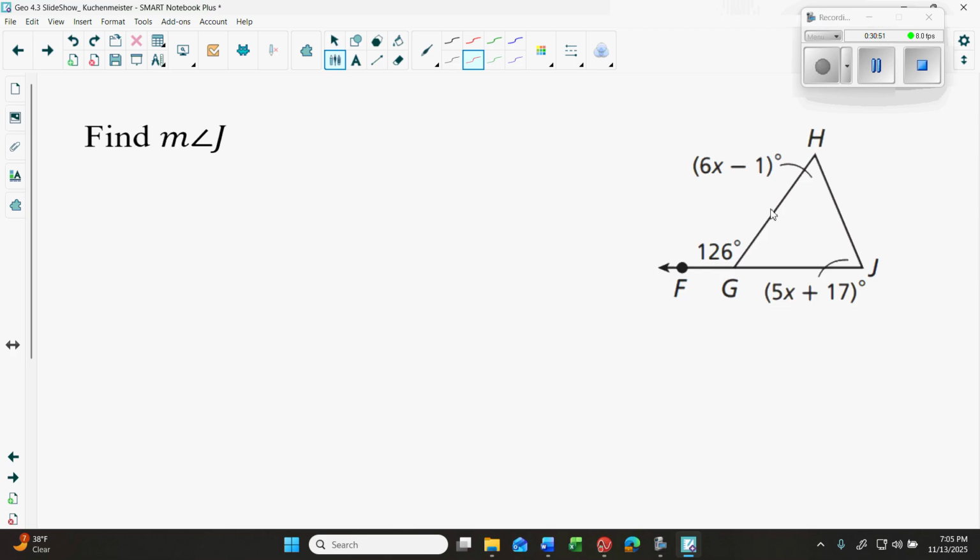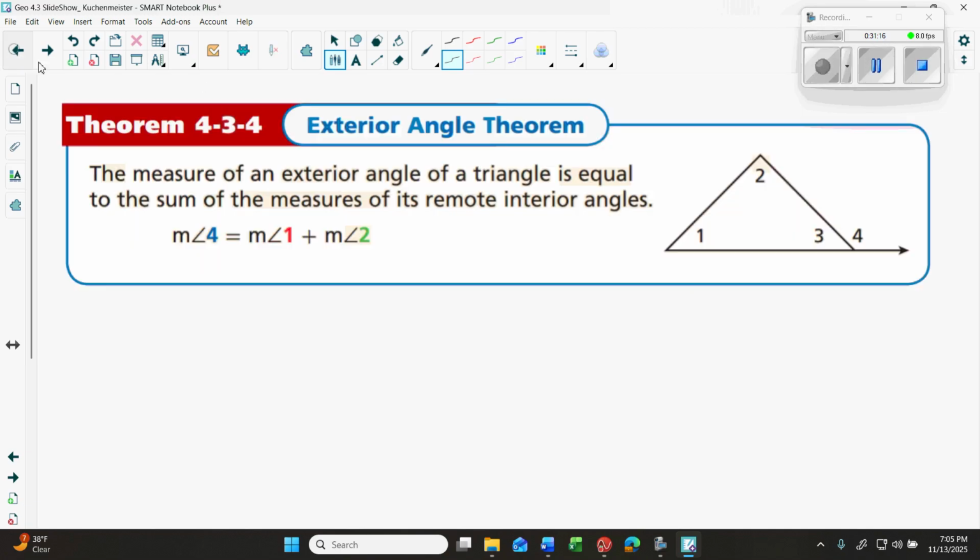We have angle DHJ equals 6x minus 1, and angle DJH equals 5x plus 17. I'm not told the third angle. More importantly, I don't know what these two angles are, so I really can't use the triangle sum theorem to find x. But I have an exterior angle right here that is 126. And since these two angles right here and right here are remote interior, I can use this theorem here.